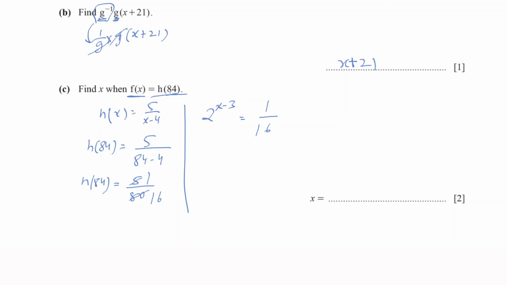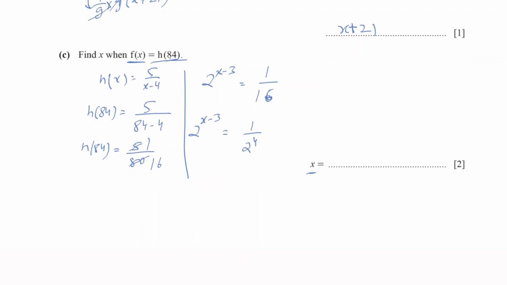So because I want to find the value of x, I can make the bases the same. How can I make that? 16 is actually 2 raised to power 4, right? I can write 16 as 2 raised to power 4, and when this 2 raised to power 4 goes up, it will be 2 raised to power minus 4, okay? Because the power will change when changing the direction.